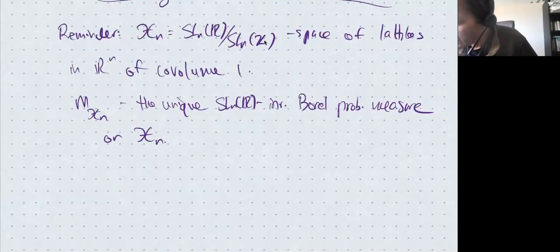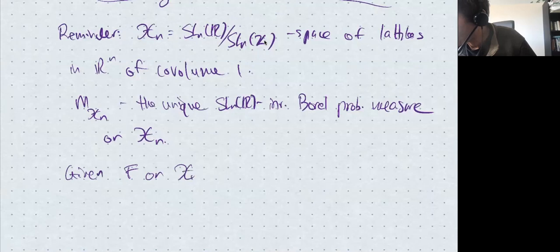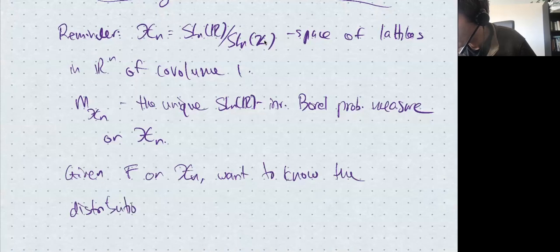And so that's the next order of business, to understand. So let me just write that down. Given a function, let's call it f, on the space of lattices, we want to know the distribution of its values.